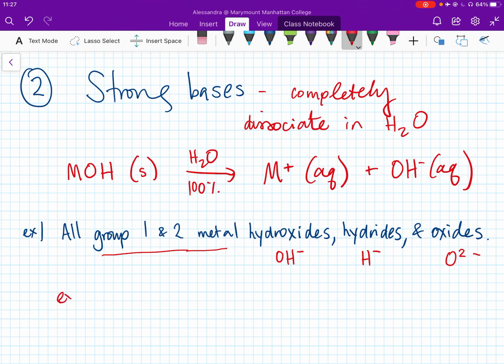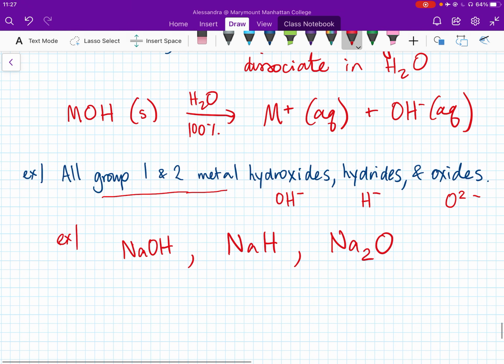So whenever we have group 1 and group 2 metal hydroxides, oxides, or hydrides, you have a strong base. For example, let's take an alkali metal. Let's take sodium: sodium hydroxide, sodium hydride, sodium oxide, Na2O. These would be examples of strong bases where we have sodium as the cation. You can also have alkaline earth metals.